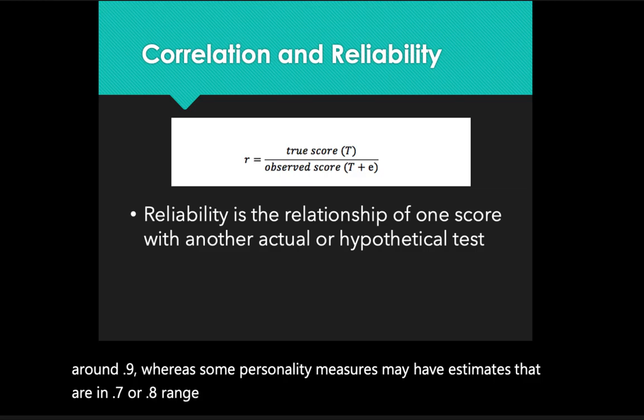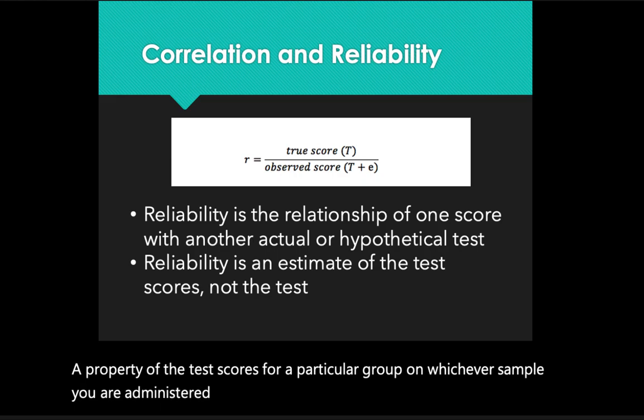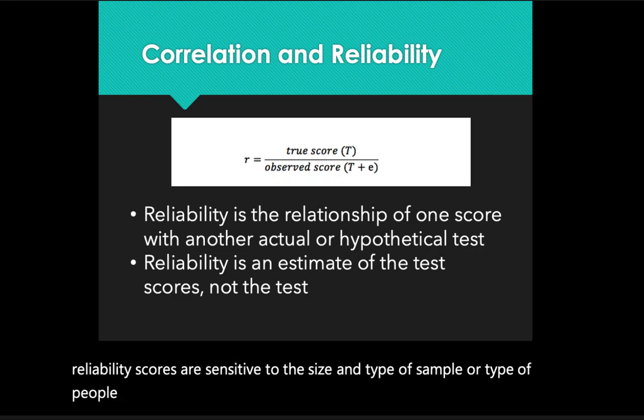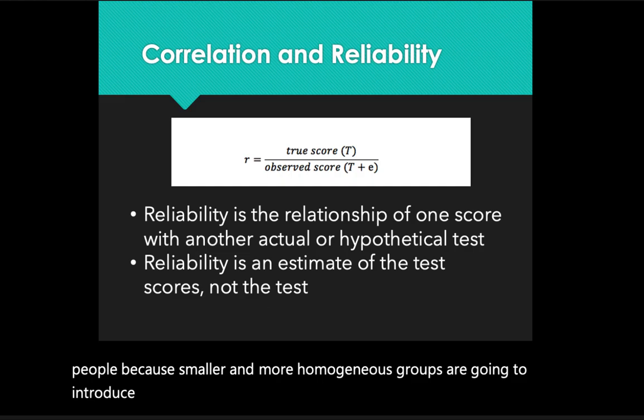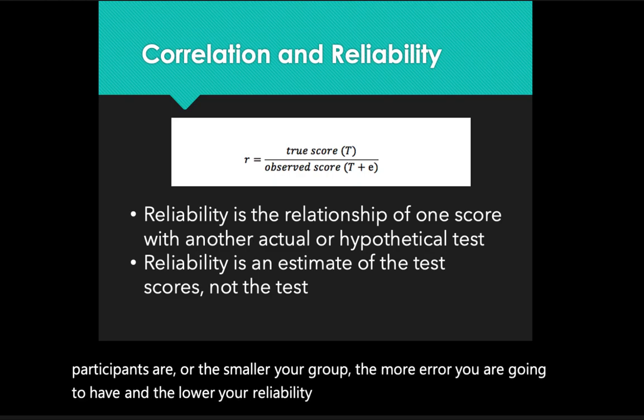And reliability is actually a property of the test scores for a particular group on whichever sample you are administering your assessment. It's not of the test itself. So reliability scores are sensitive to the size and type of sample or type of people, because smaller and more homogeneous groups are going to introduce more error. So the more similar to one another your participants are, or the smaller your group, the more error you're going to have and the lower your reliability is going to be.